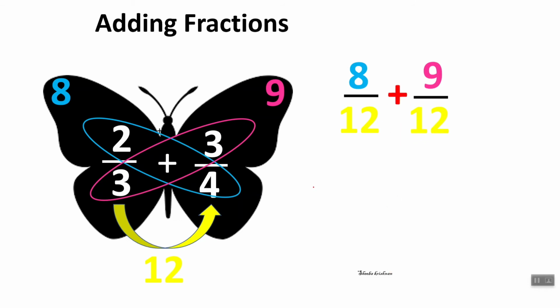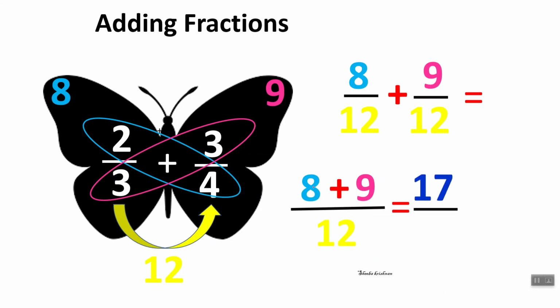Now we will add 8 by 12 and 9 by 12. That means 8 plus 9 by 12. So 8 plus 9 is 17. So 17 by 12. Since it is an improper fraction, we can change it into a mixed number. That means 1, 5 by 12.